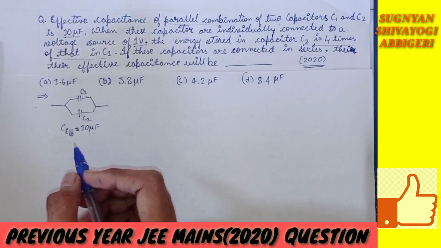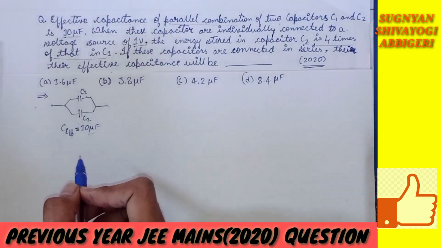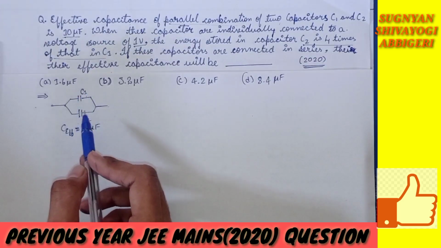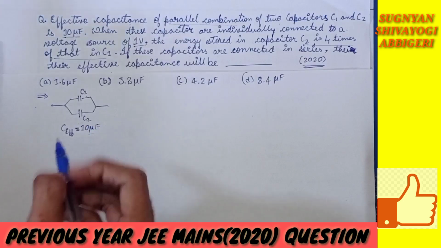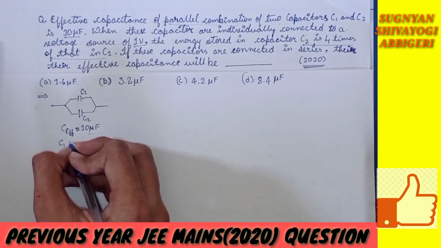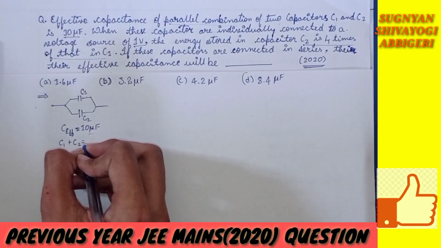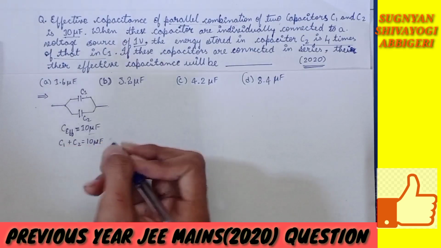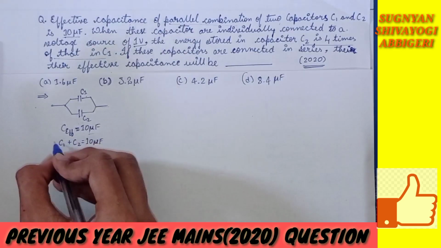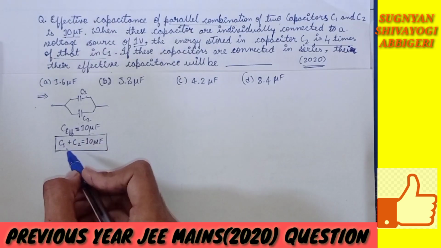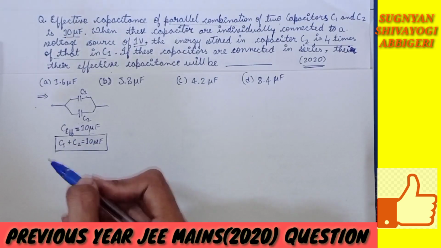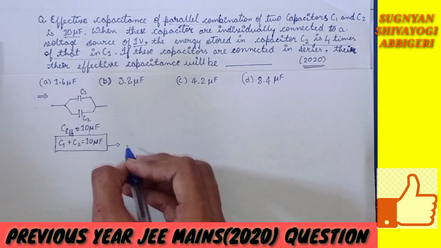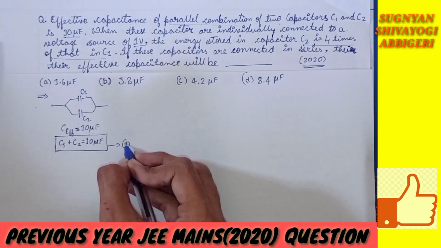Whenever two capacitors are connected in parallel, we get the effective capacitance by simply adding them algebraically, like C1 plus C2 is equal to 10 mu farads. This is only applicable for parallel combination. We neither know C1 nor C2, so let us keep them as they are and name this equation 1.